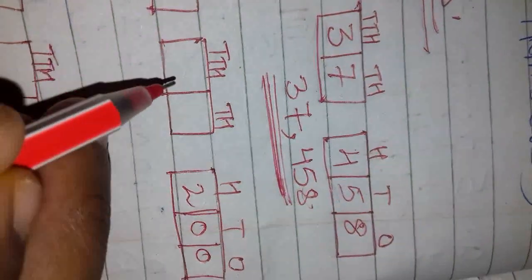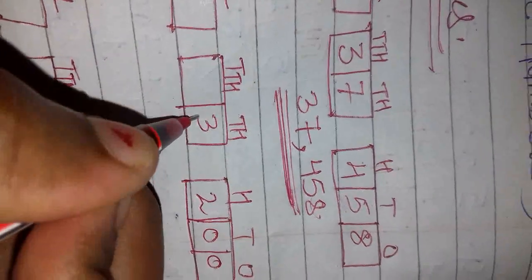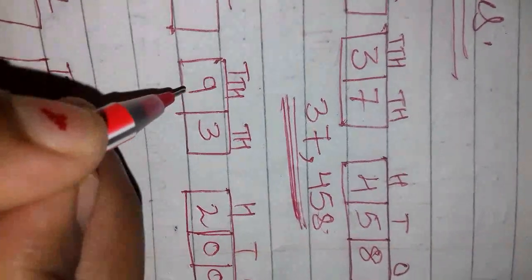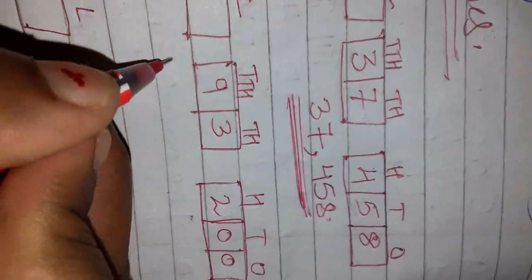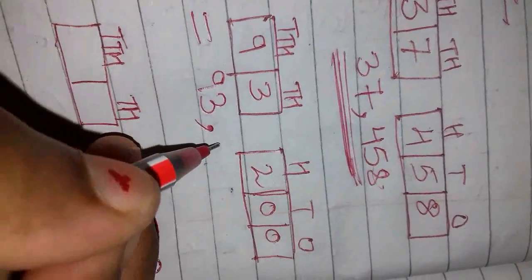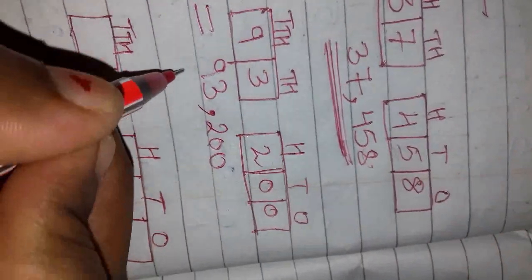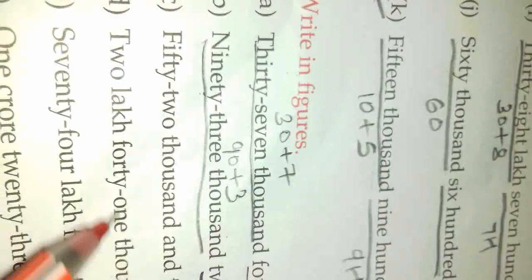In ones period, ones and tens place are not mentioned, only 100 place is given, 2. And 93,000 means at 1,000 3 and 10,000 9. So 93,200. How will we write this in figure? 93,000 comma 200. This is the way we will write in figure.